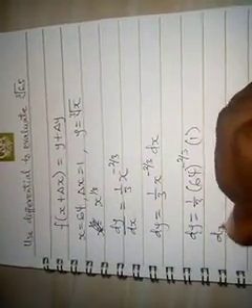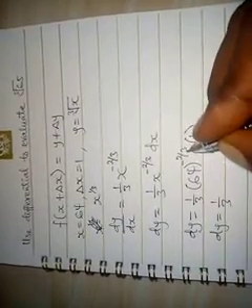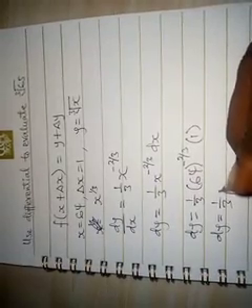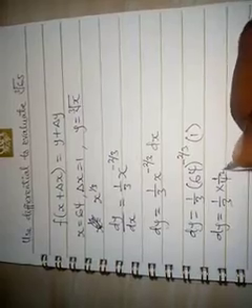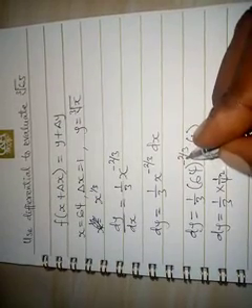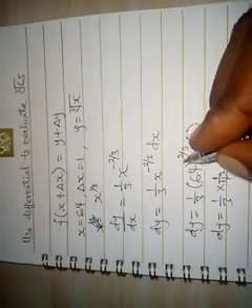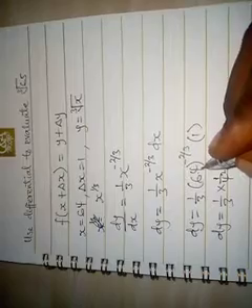So we can say dy is equal to 1/3. The cube root of 64 is 4. So we say times 1 over 4 squared. Why is it 1 over 4 squared? According to laws of indices, this means 1 over the cube root of 64 squared.